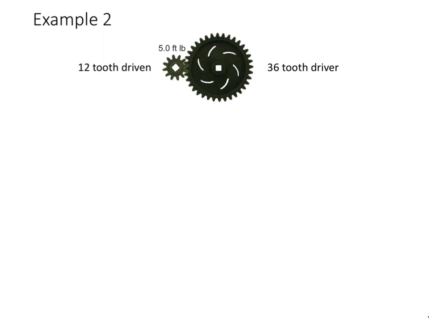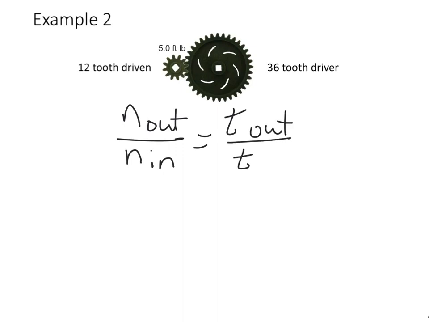Okay, so the equation that we're going to use this time is still going to be number of teeth out over number of teeth in. But this time we're going to use torque. Torque out over torque in. So my number of teeth out is going to be 12 this time, and my number of teeth in is 36.